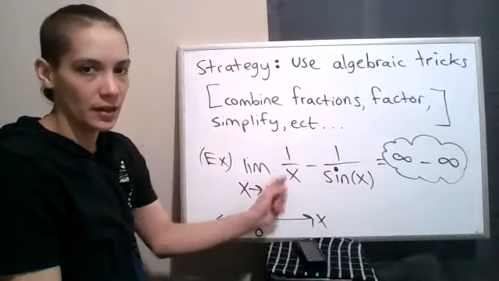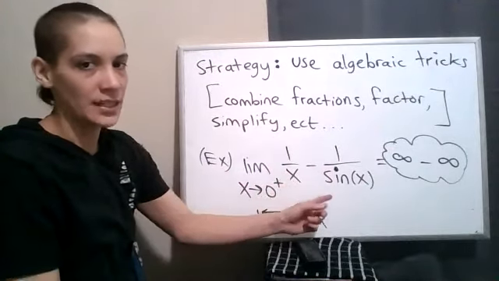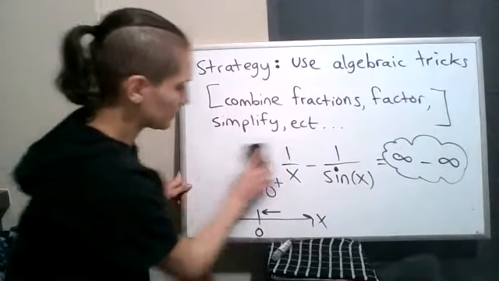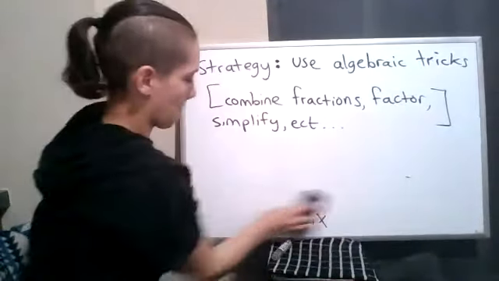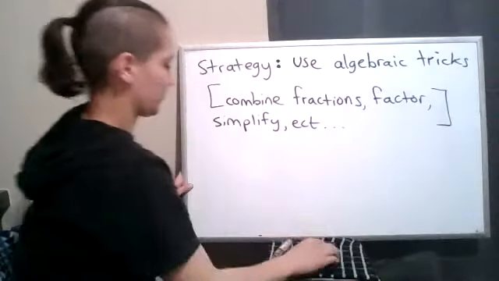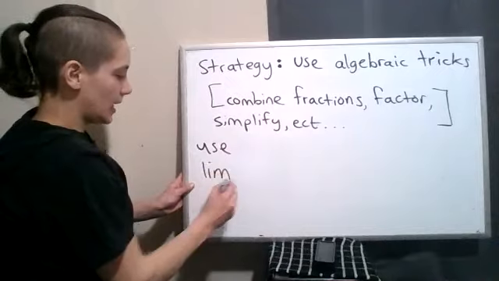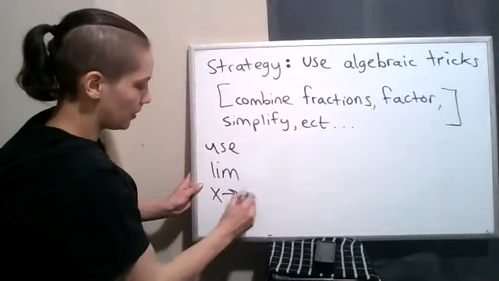So we'll have a common denominator of x sine of x, and take this limit as x goes to 0 on the right.